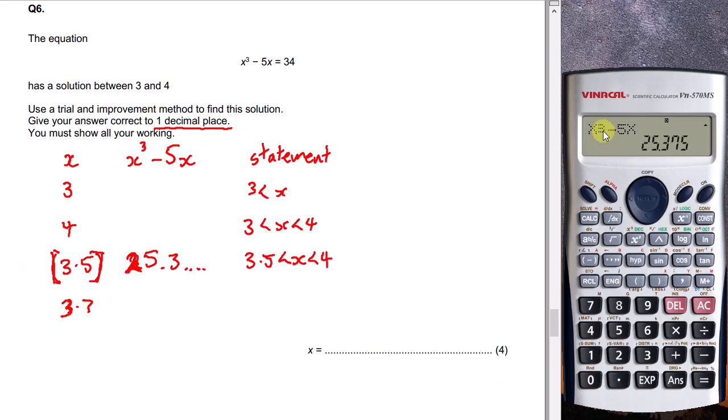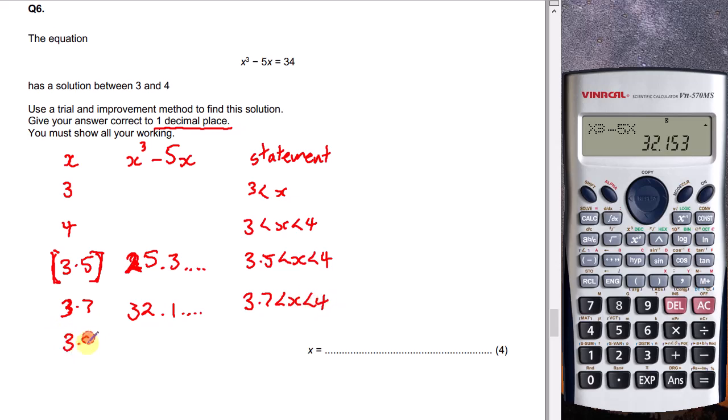One feature with these calculators with the fancy memories is if I type 3.7 in, shift, store, into x, press equals, and then go back to find my calculation and press equals, and I get 32.1 dot dot dot. This is too small again. 3.7 is too small.